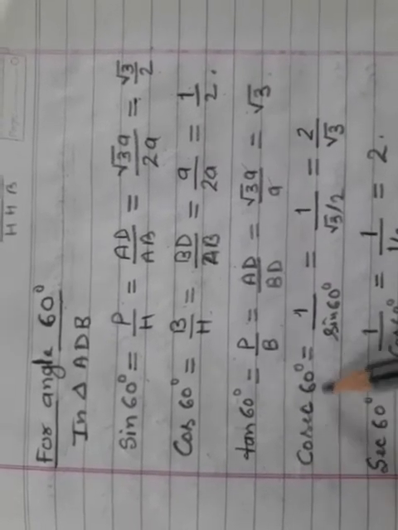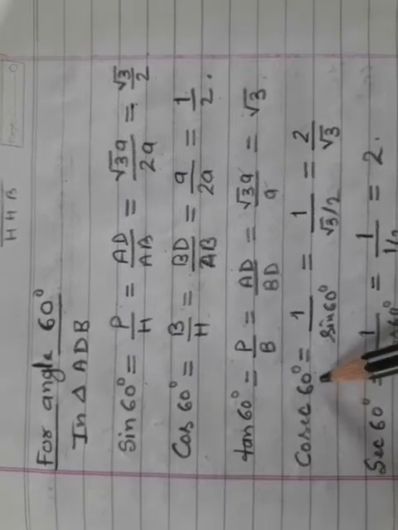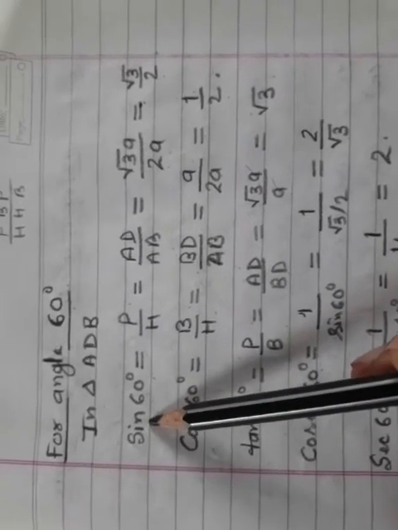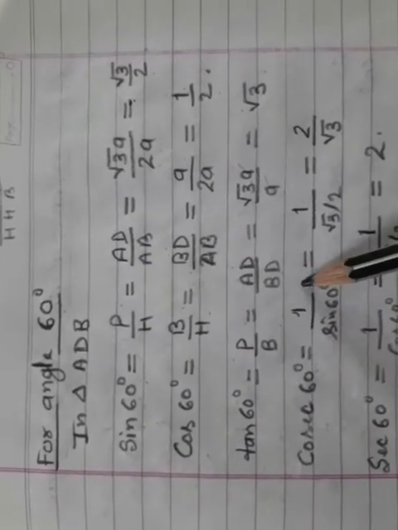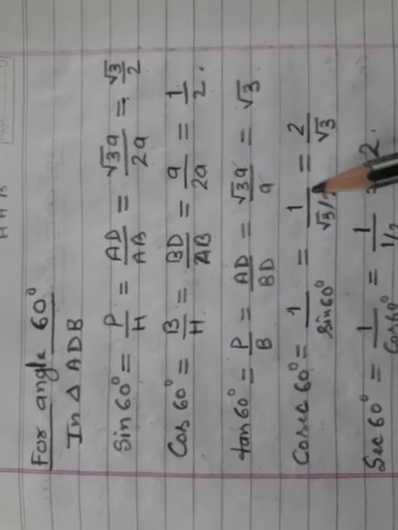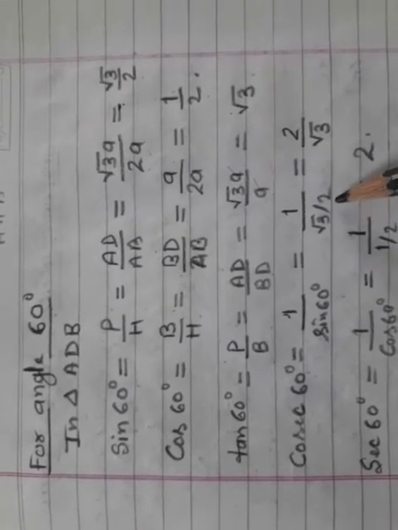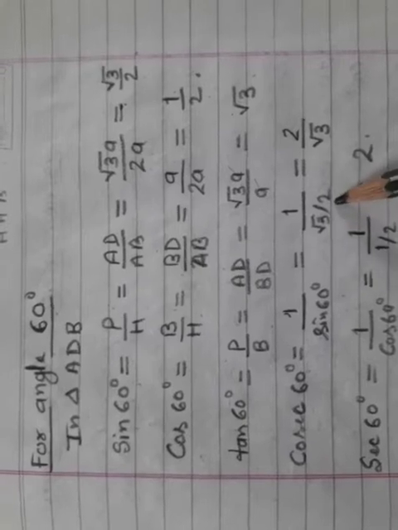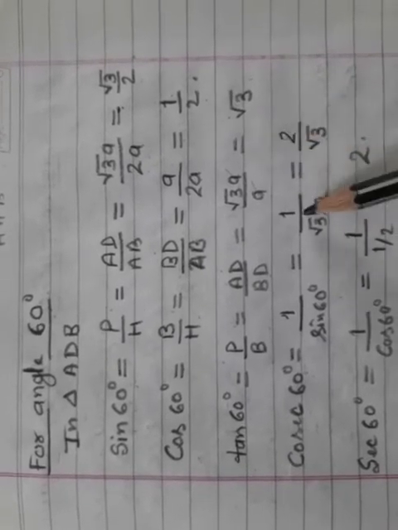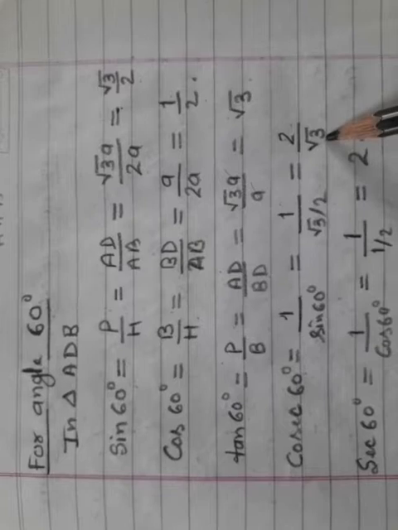Similarly, cosec 60 degrees is the reciprocal of sin 60 degrees, so 1 upon under root 3 by 2. Taking the reciprocal, 2 goes to the numerator, 2 by under root 3.